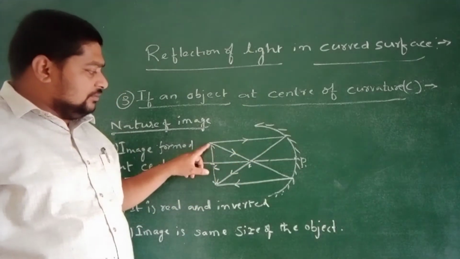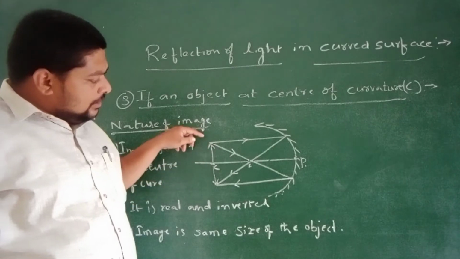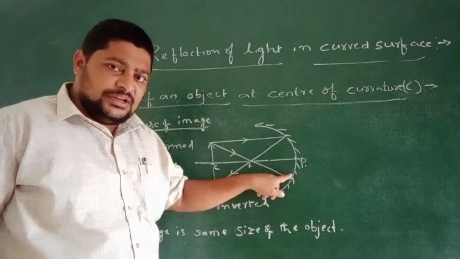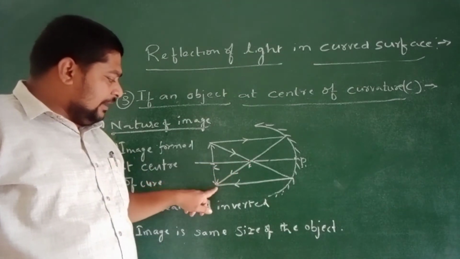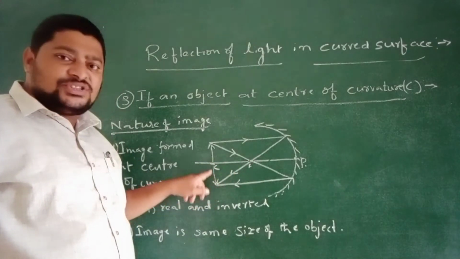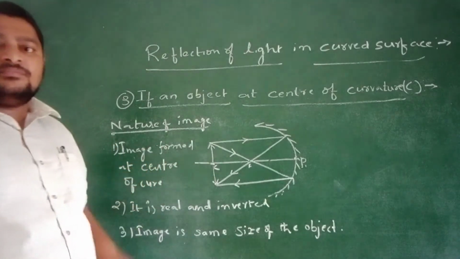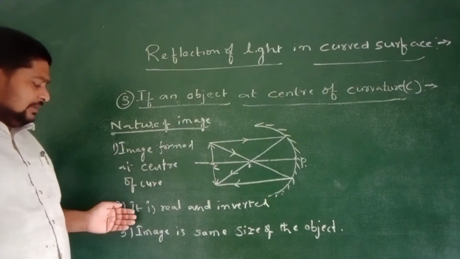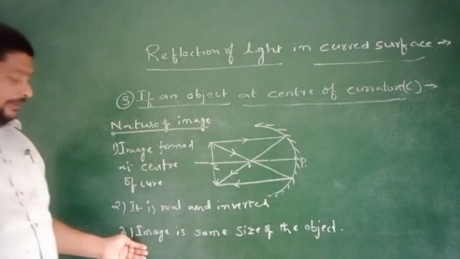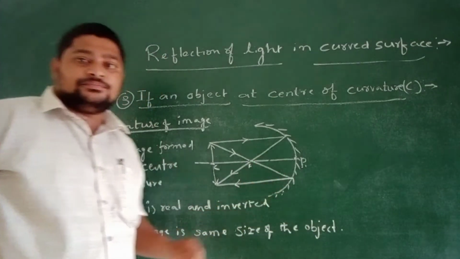Another rule, third rule, a ray passing through focus becomes parallel to the principal axis. These two rays intersect here, so image formation at center of curvature. The nature of the image: it is real and inverted, and the image is the same size as the object.